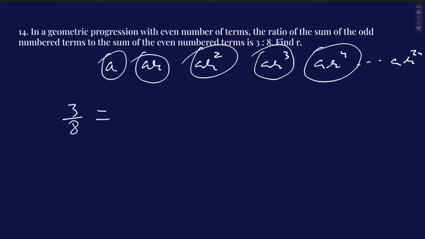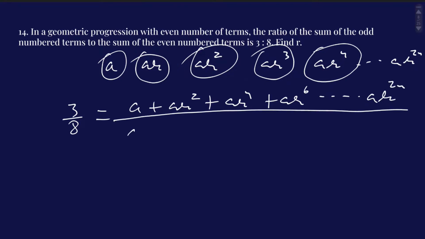So 3 by 8 is equal to a plus ar squared plus ar to the power 4 plus ar to the power 6, and so on. Okay, and this will go on till ar to the power 2n, divided by ar plus ar cube plus ar to the power 5, and this will go on till ar to the power 2n minus 1.